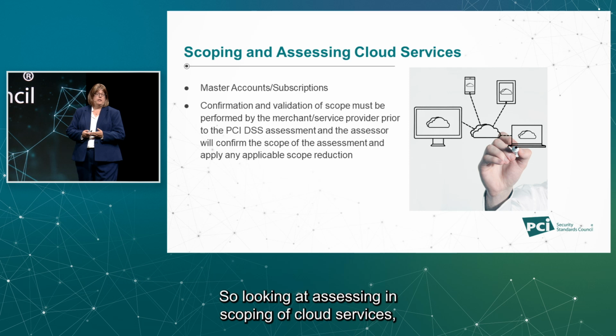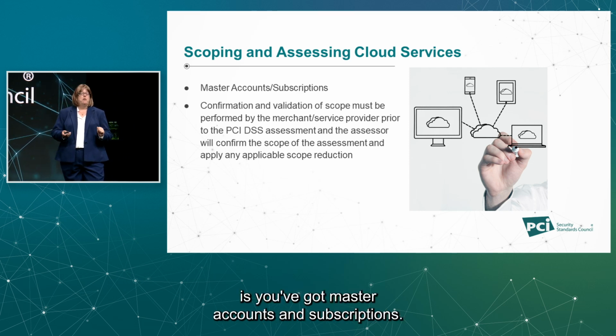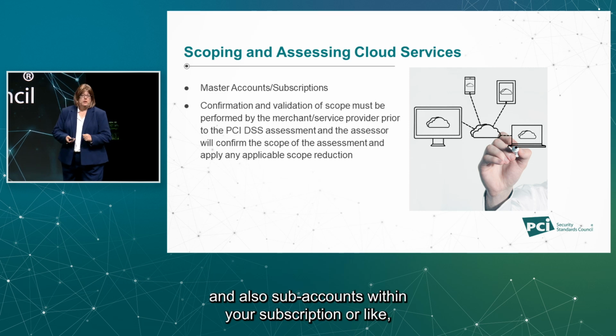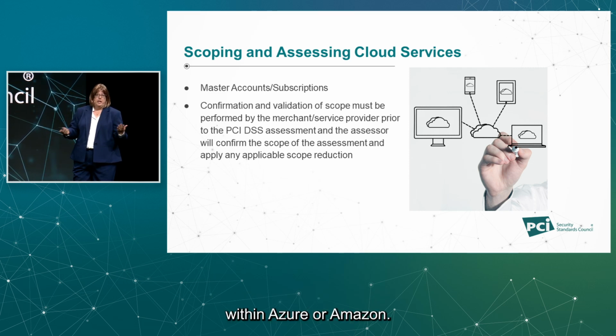So looking at assessing and scoping of cloud services, what you're going to find is you've got master accounts and subscriptions. You'll most likely have a primary account and also sub-accounts within your subscription, like within Azure or Amazon.